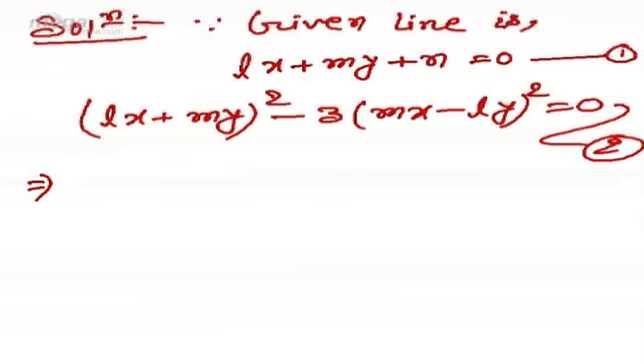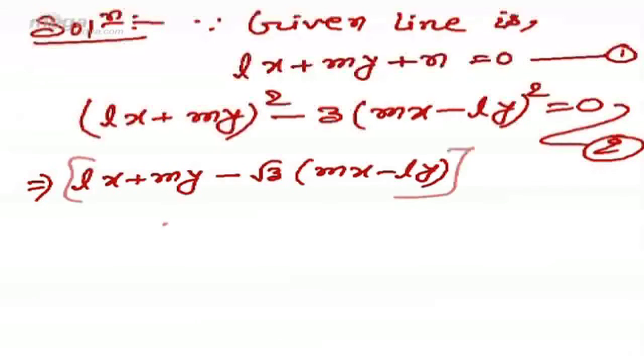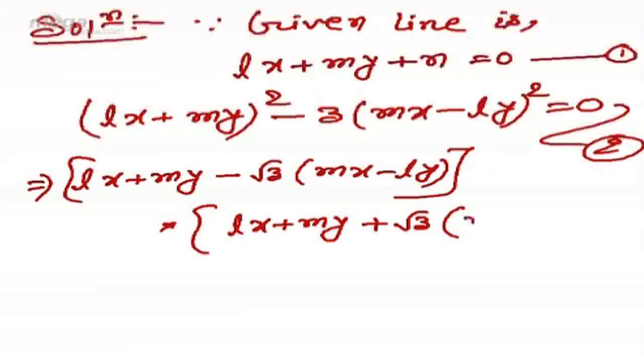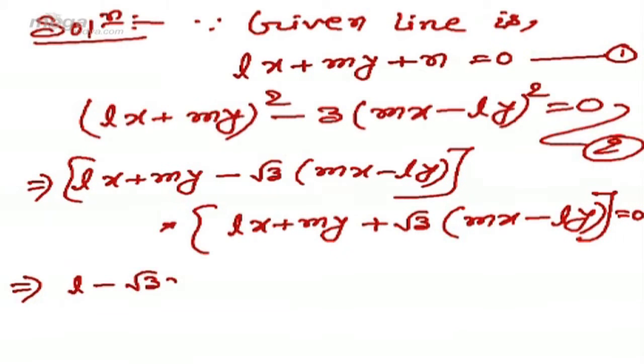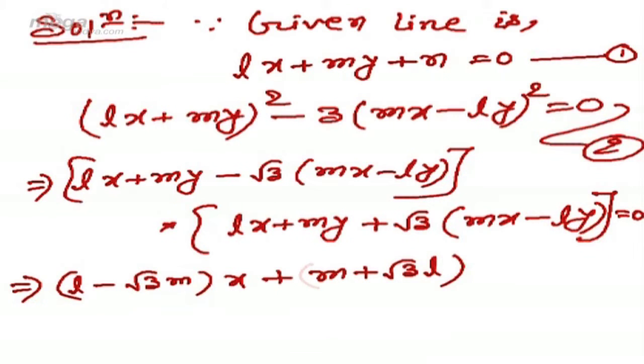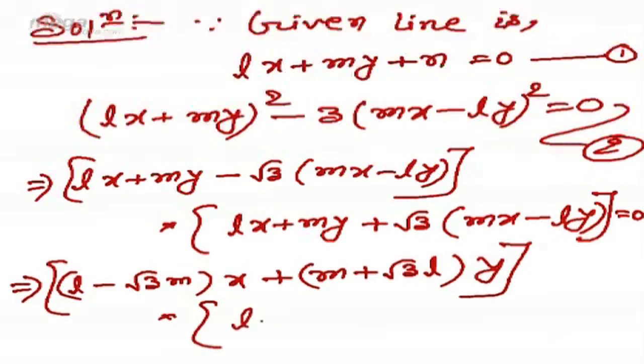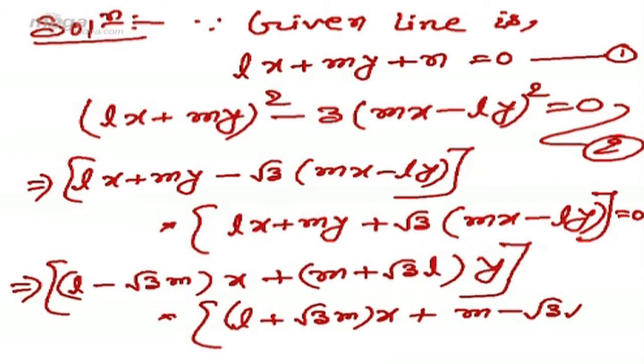So after the factorization, you will get lx plus my minus root 3 into mx minus ly, into lx plus my plus root 3 into mx minus ly, is equal to 0, and hence it becomes L minus root 3 m x plus m plus root 3 l y, into L plus root 3 m x plus m minus root 3 l y, is equal to 0.